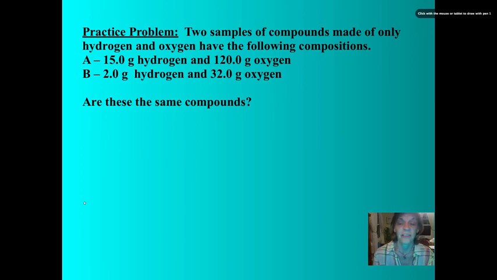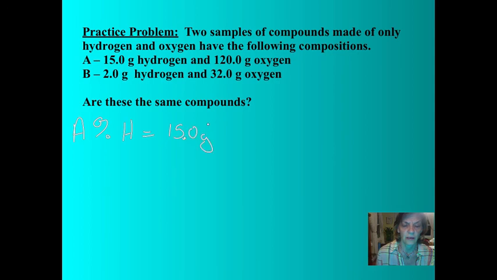First, let's decide if these are the same compounds. If they're the same, they're going to have the same percent composition, right? So why don't we calculate the percent hydrogen in each compound? So this will be compound A. The percent hydrogen in A is 15 grams of H divided by the total compound, which would weigh 15 plus 120, and then times 100%.